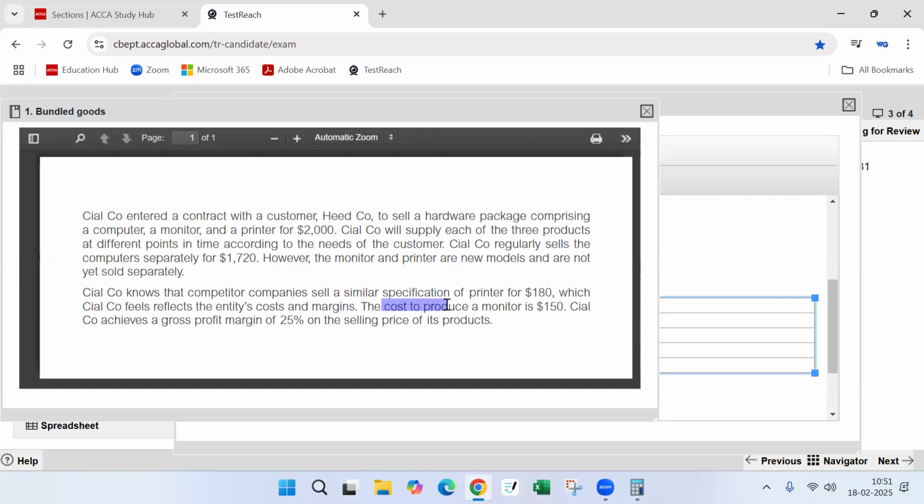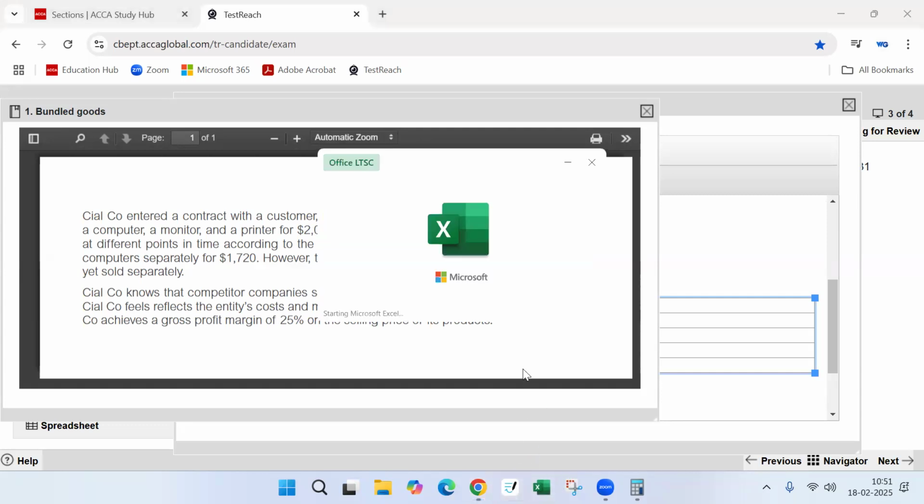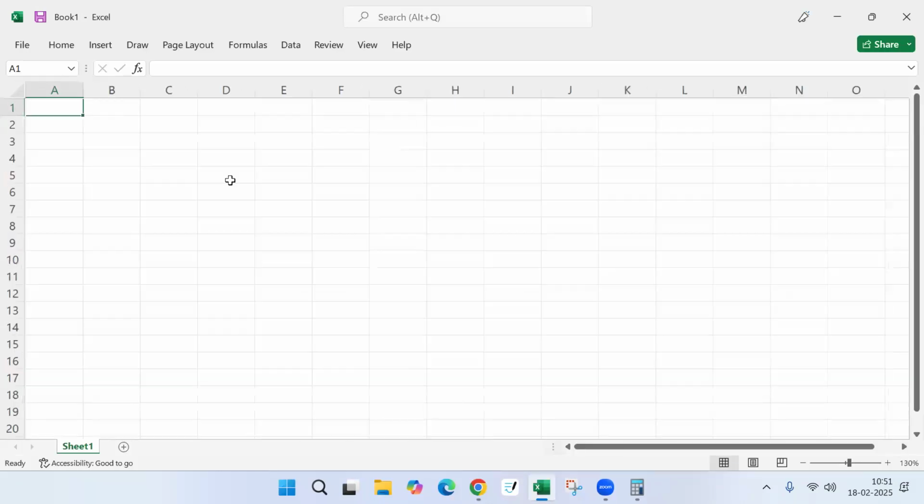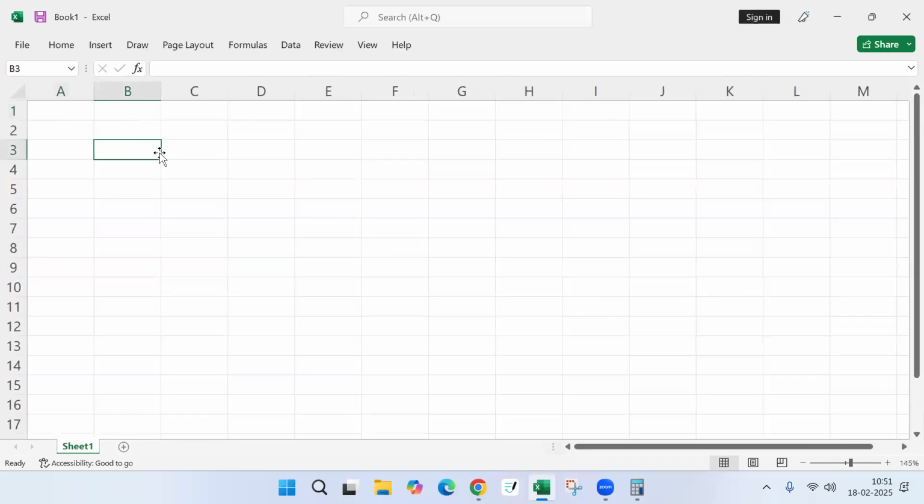Whenever you identify margin, I'll explain in a different way. If 150 were the selling price, we wouldn't need to do anything. But this 150 is your cost, and the margin is 25%.